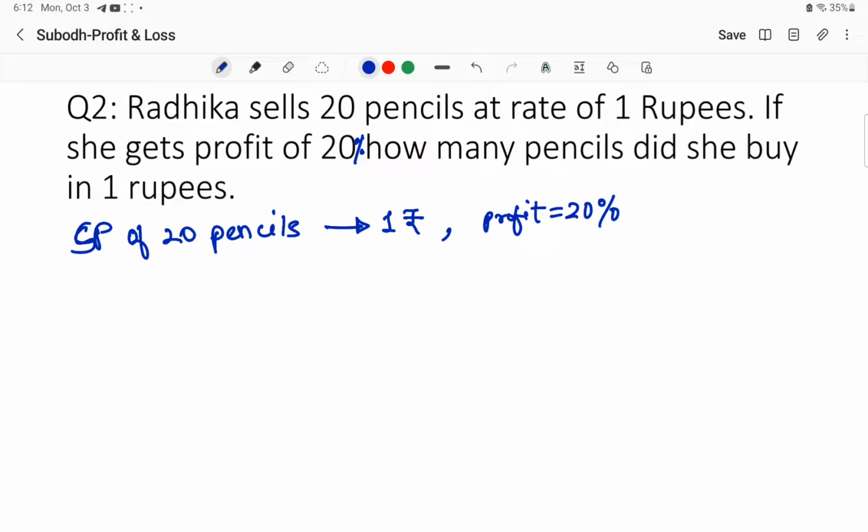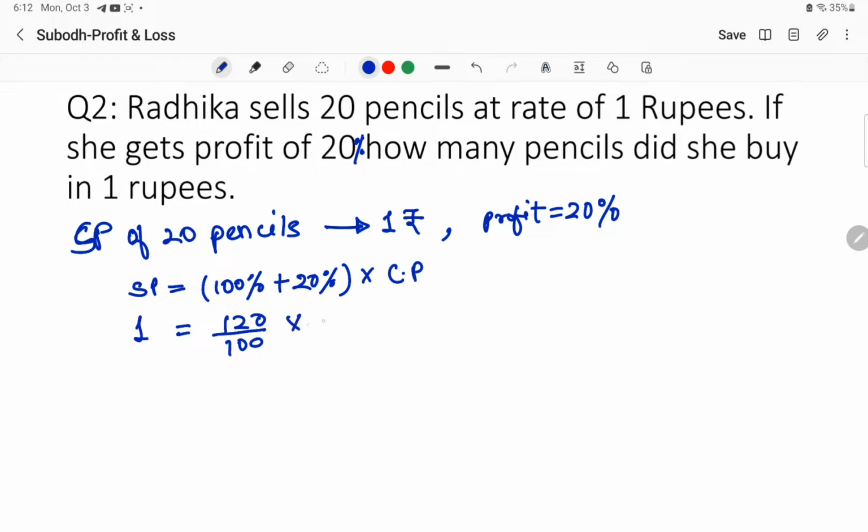So the selling price equals 100 plus the percentage of profit, multiplied by the cost price. So we know the selling price, that is 120 percentage multiplied by CP.